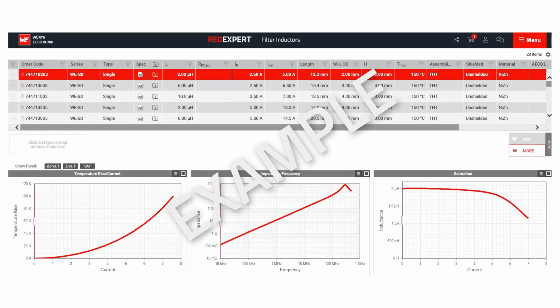Where can you get all this data? I recommend you go to our website, we-online.com/redexpert. You can have all these different inductance versus current curves, where you can see if this inductance still works or does not work for the filter. You can sort the inductance by choosing shielded version, surface mount or through hole version.